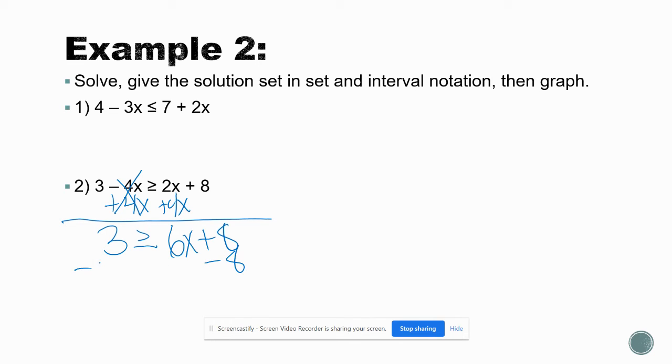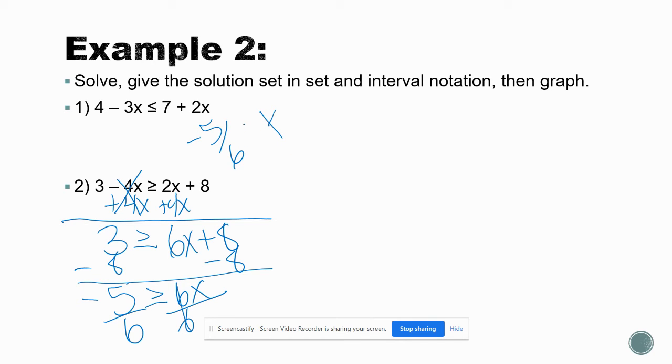I'm going to subtract 8. We have negative 5 is greater than or equal to 6x. Divide both sides by 6, and we have negative 5/6 is greater than or equal to x.